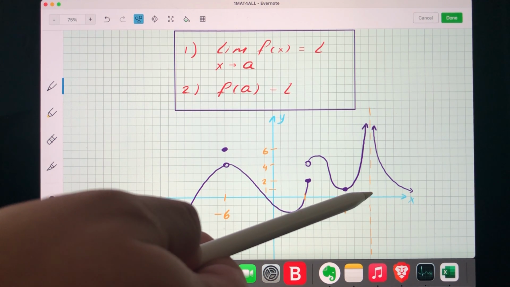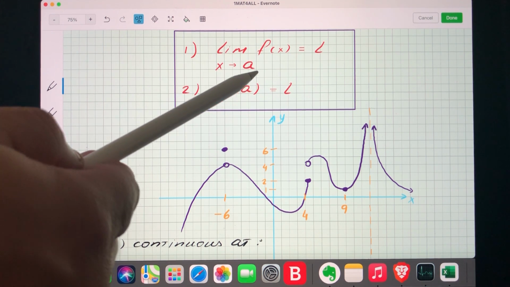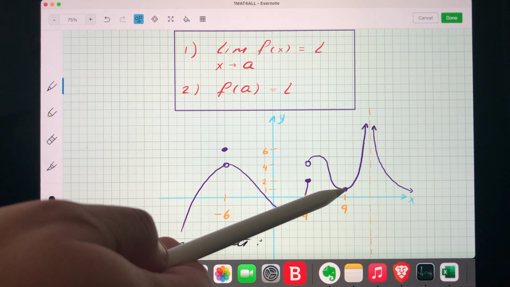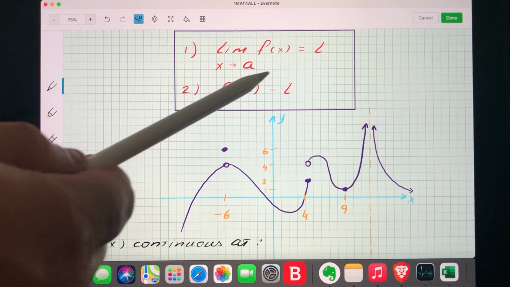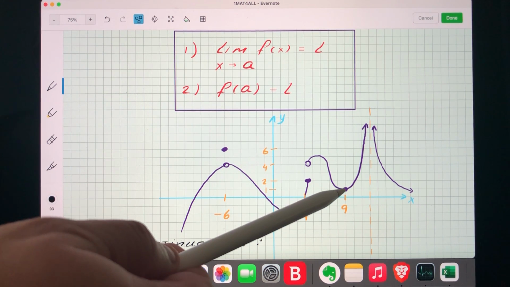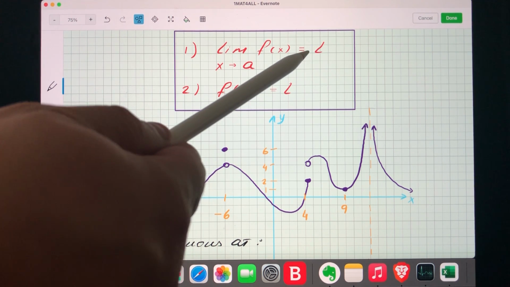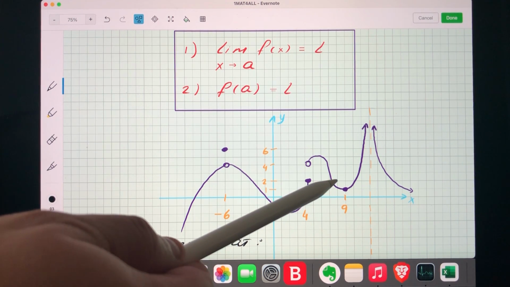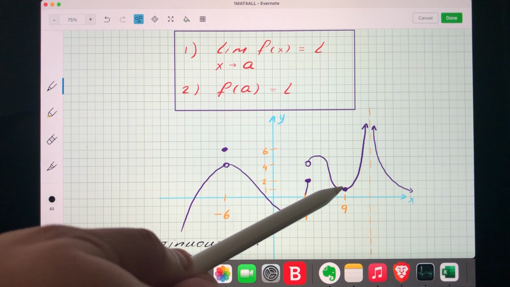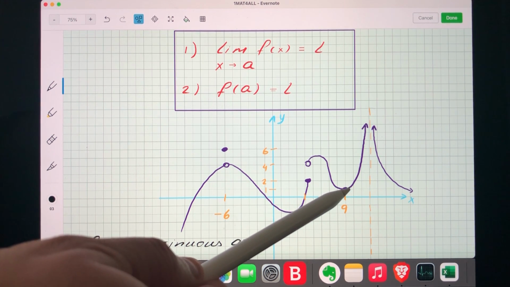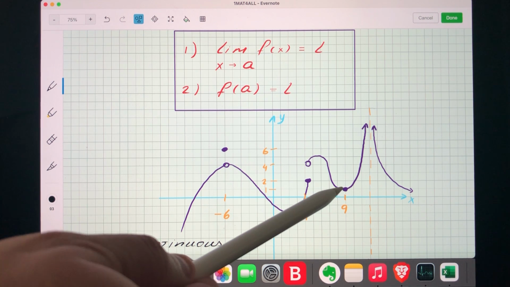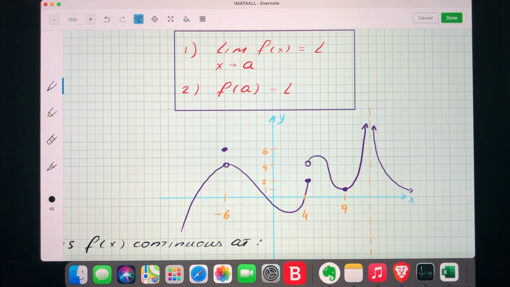A different way to say it is that the limit as we approach some point must exist and be equal to some number. The height at that same point must be equal to that limit number. In other words, as you're getting closer and closer to this point, the height from the left side equals the height from the right side equals the height in between, which means you can pretty much step through if you're walking on this path.